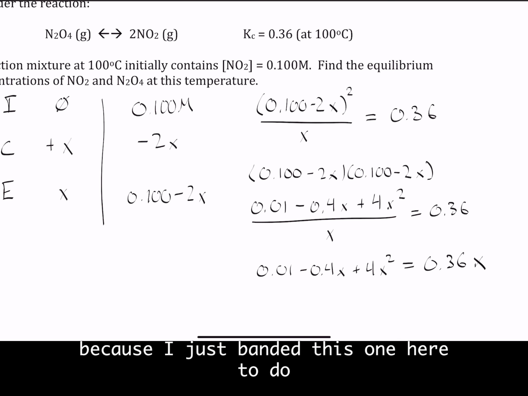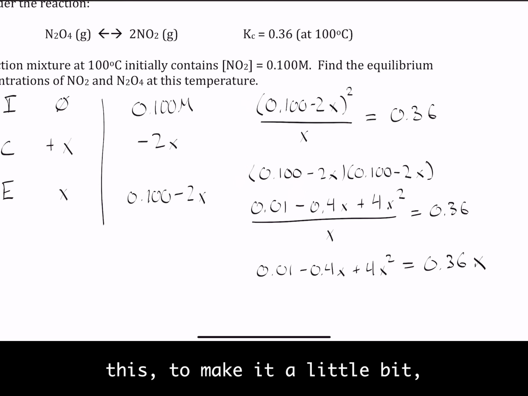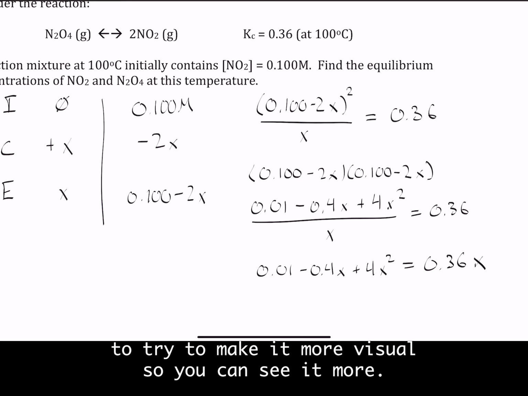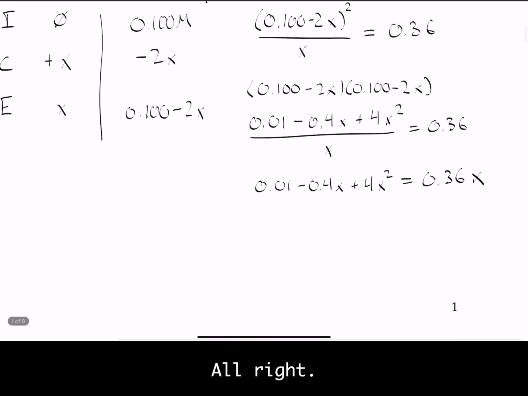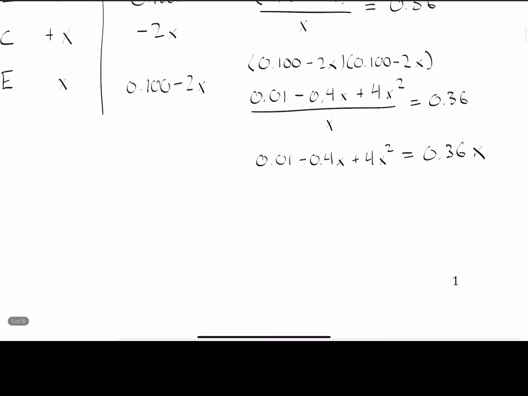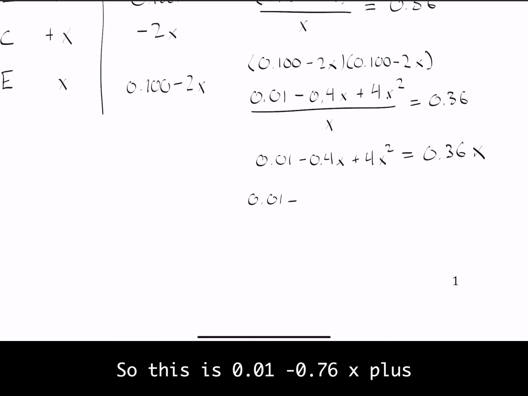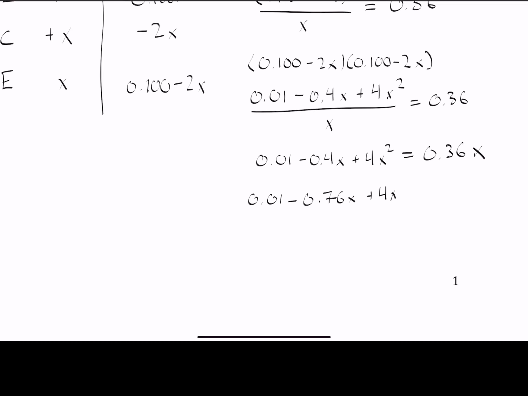So I just expanded this one here to make it more visual so you can see it more. And then I need to move the x over. So this is 0.01 minus 0.76x plus 4x squared equals 0. And now, quadratic formula.